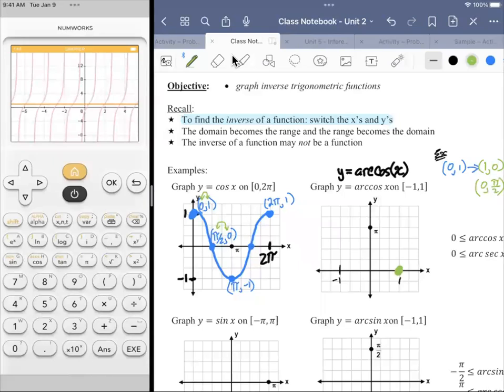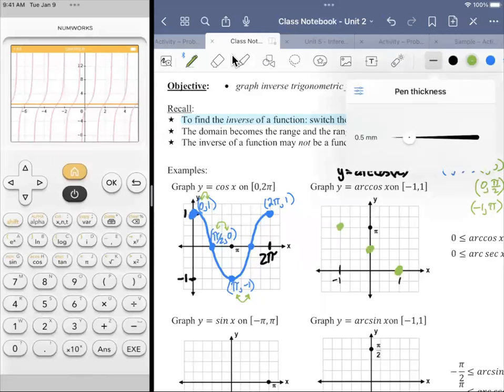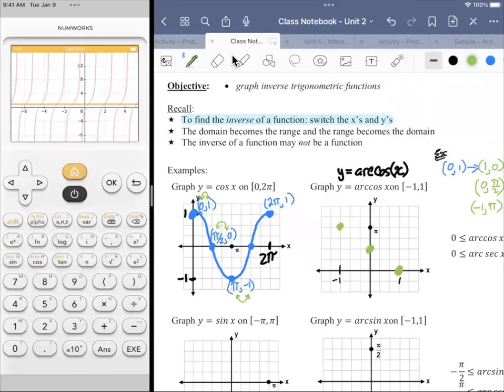All right. So pi over 2 is half the distance to pi. So that would put me right here. Switching these two, -1, comma pi would put me right here. So I can connect these points into a smooth curve.